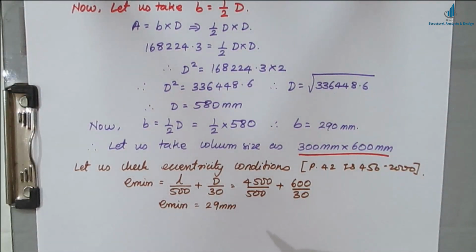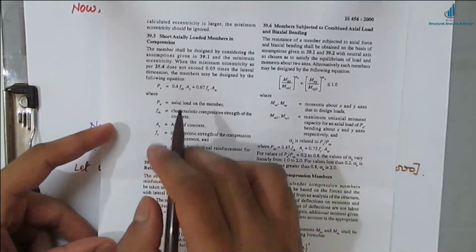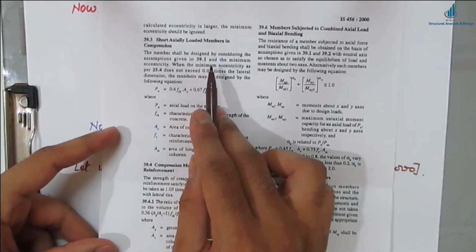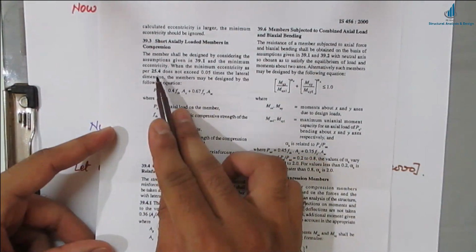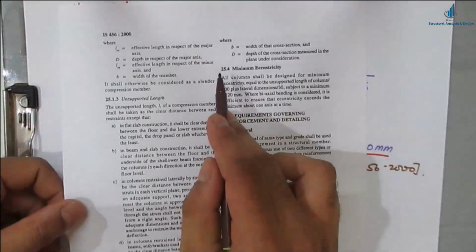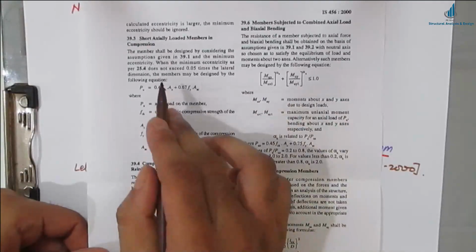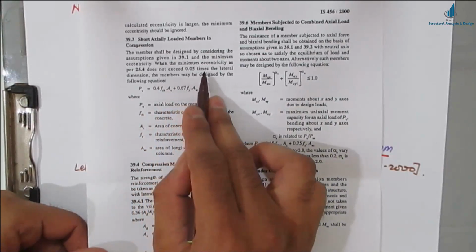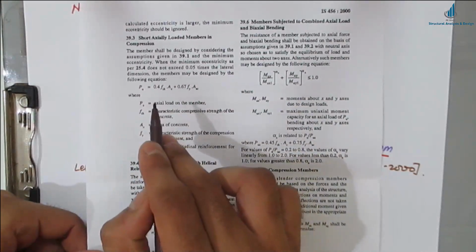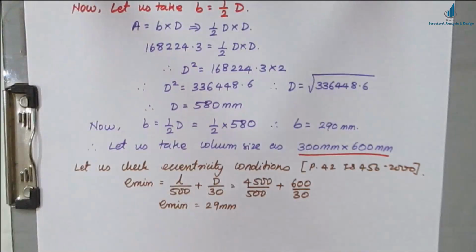So when you go to page number 71, so initially we had taken this PU equation. There, the minimum eccentricity as per 25.4, this is nothing but the 25.4 minimum eccentricity clause. So as per that, it should not exceed 0.05 times the lateral dimension. Okay, so we have to check with this clause.